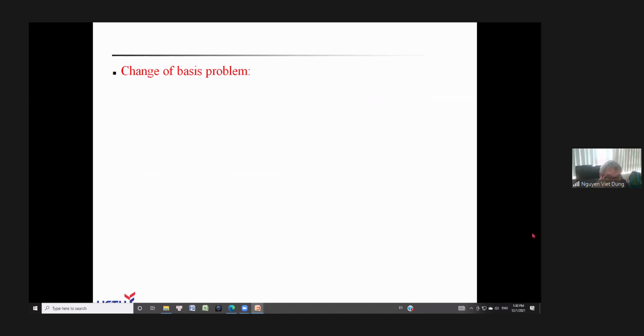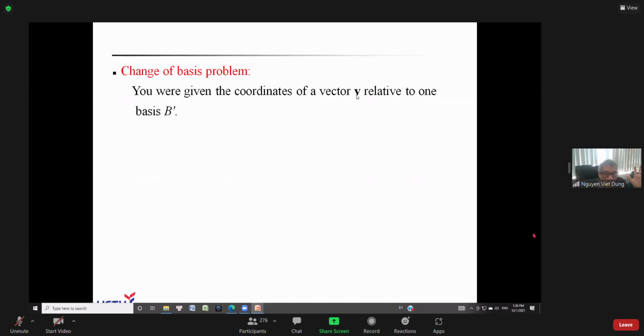So now you will have a problem of change of basis. As we have seen already, the same vector in a different basis has different coordinates. So if you are given a vector V inside a vector space, and suppose that we know already the coordinate of vector V relative to one basis B prime.